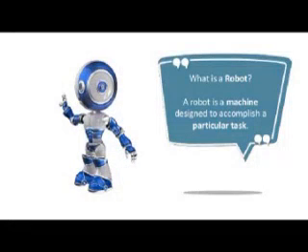What is a robot? A robot is a machine designed to accomplish a particular task. A robot is a machine. It looks like a human. It is designed for some purpose, to accomplish some task. Whatever instruction the user gives, the robot can do.